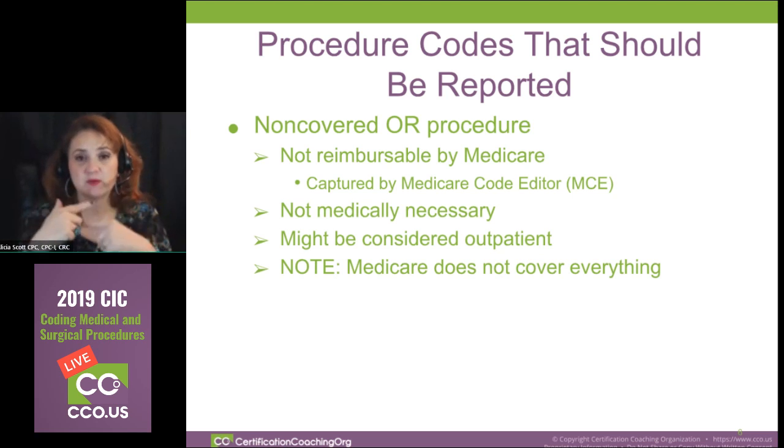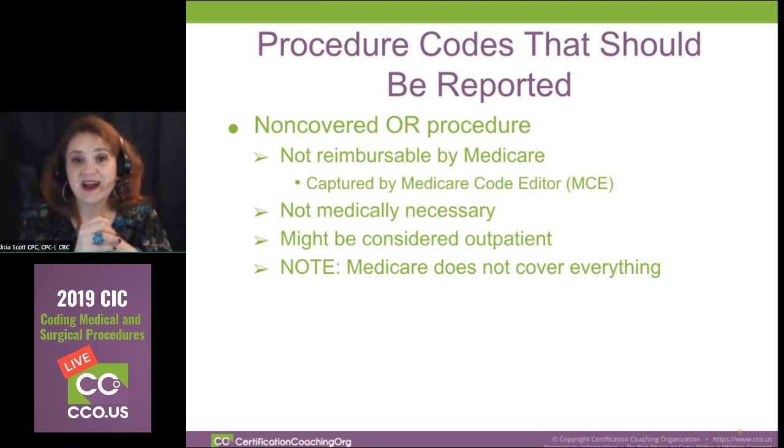But if a person is having a rhinoplasty done because they don't like the shape of their nose, that's not medically necessary. And there has to be a diagnosis code to show that there's medical necessity to have that rhinoplasty done. And something that could be done outpatient may not be covered. Now, it's covered outpatient, but not inpatient.